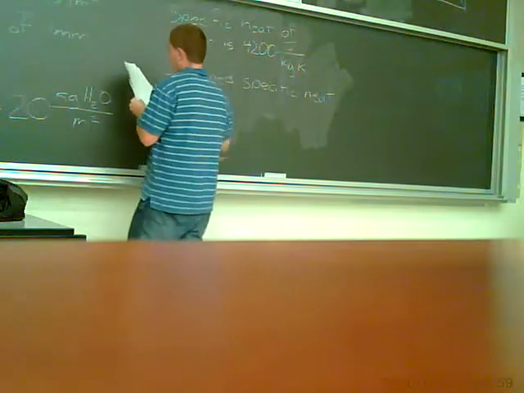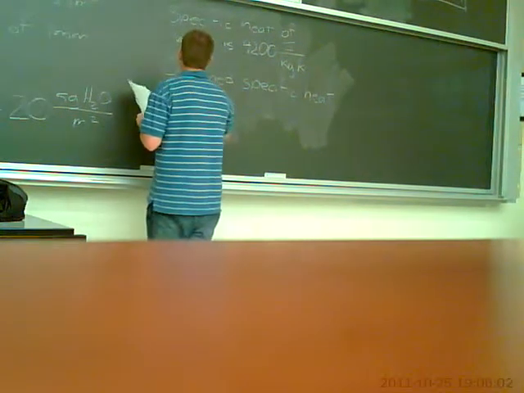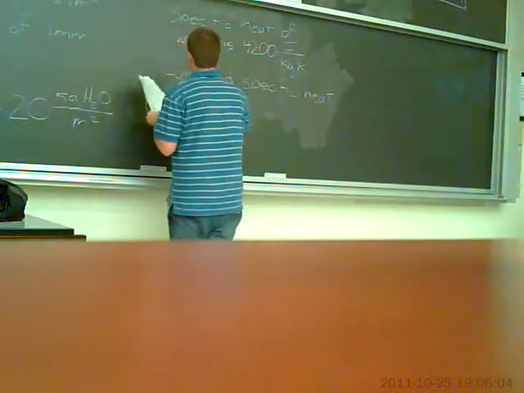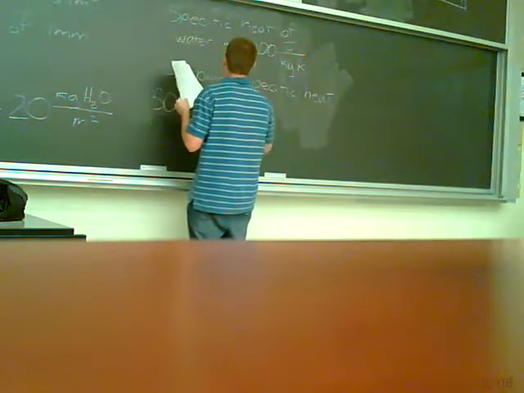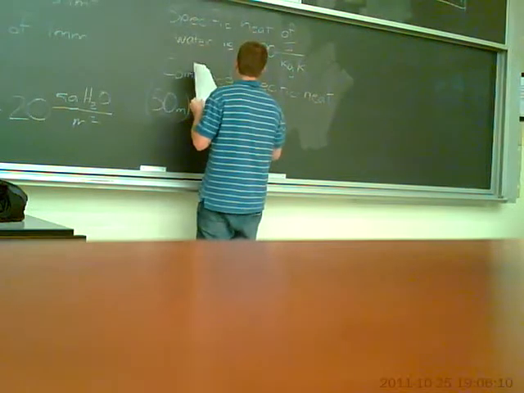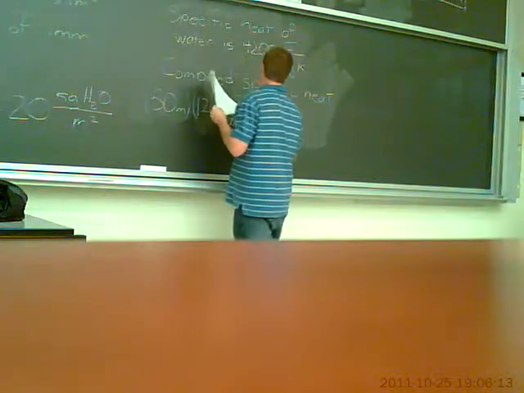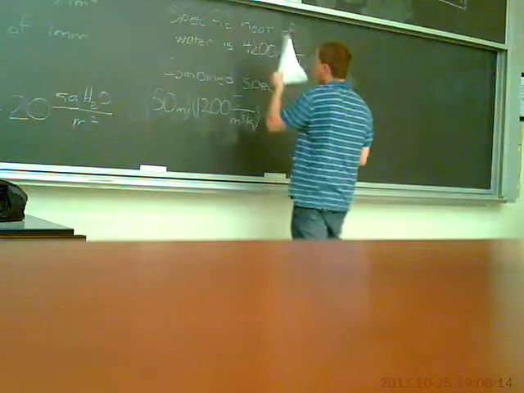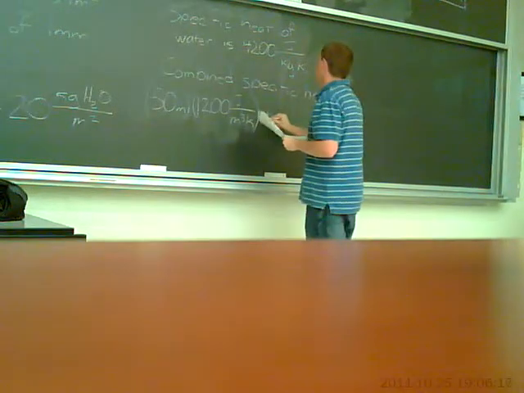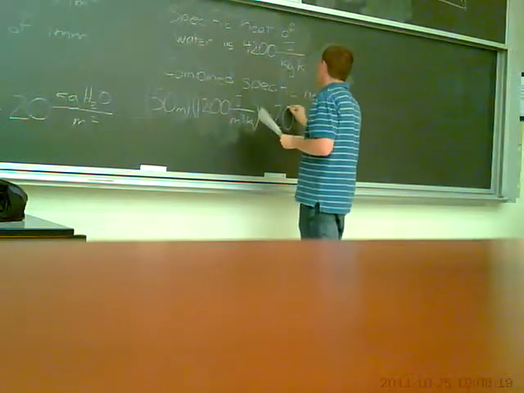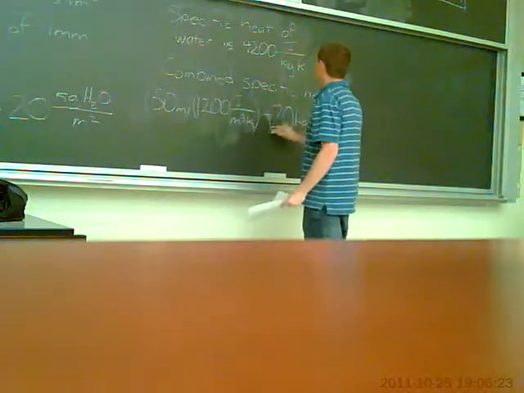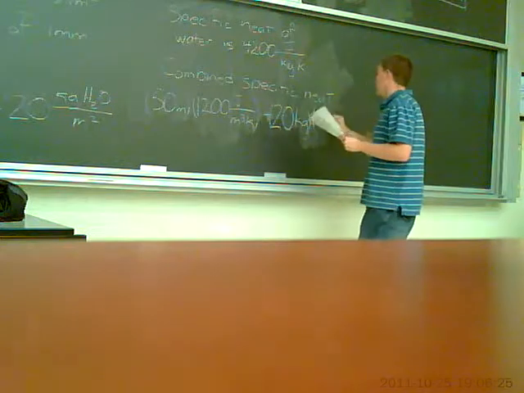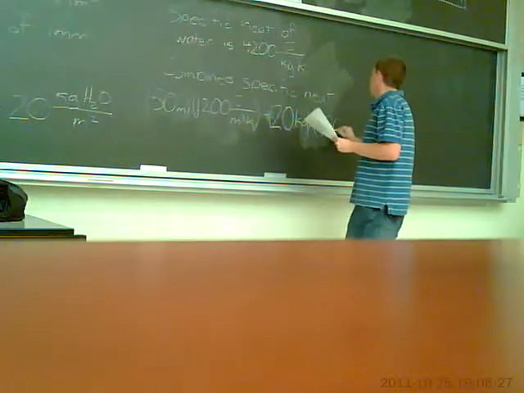So you have 50 meters, which is the height of our grid, times 1200 joules per meter squared Kelvin, which is the C from right there, plus 20 kilograms of water times the specific heat of water, right here.